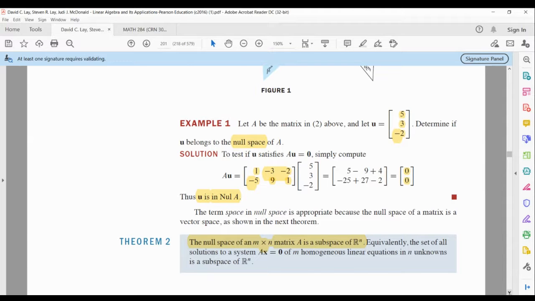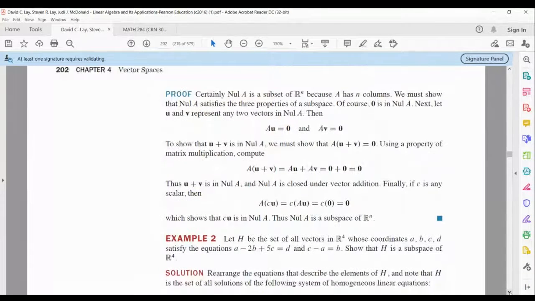Let's look at the proof on that. Automatically it's important, right? If we've identified a subspace of n-dimensional space, then that's important, right? So why is this true?